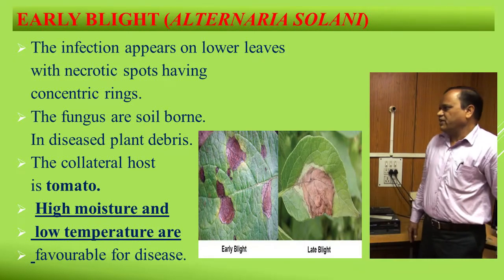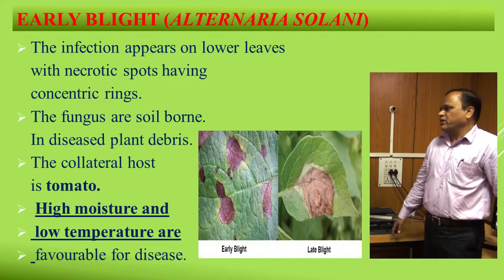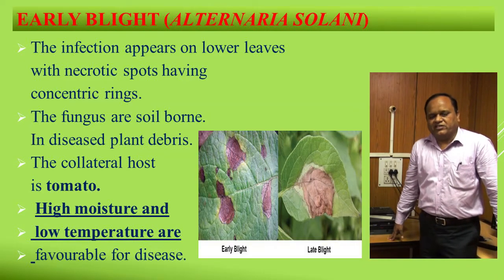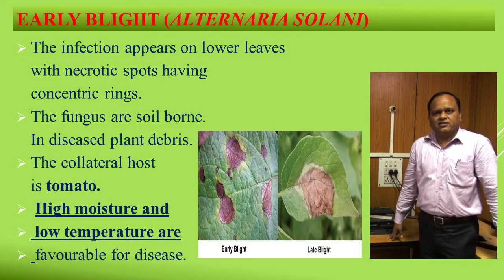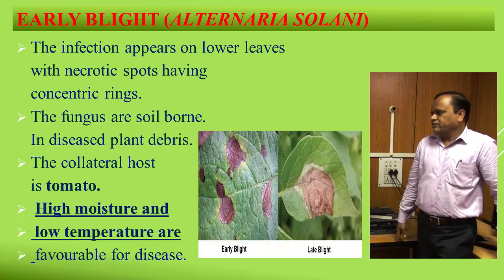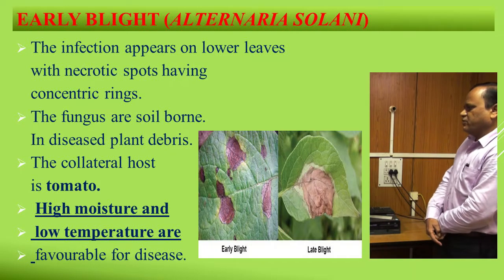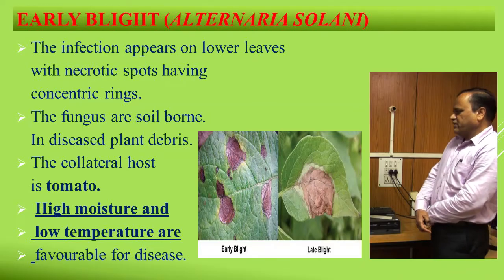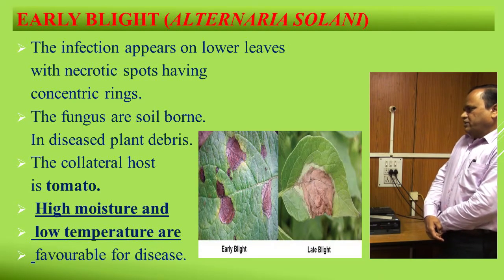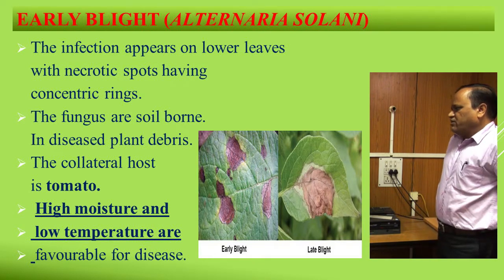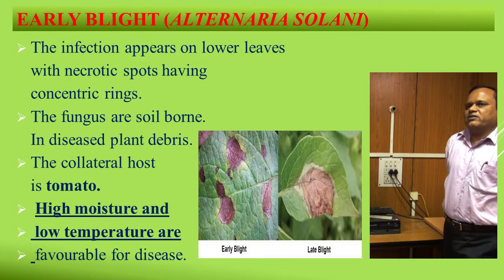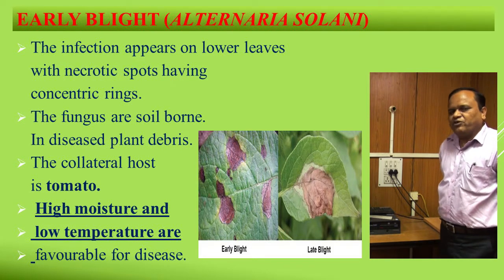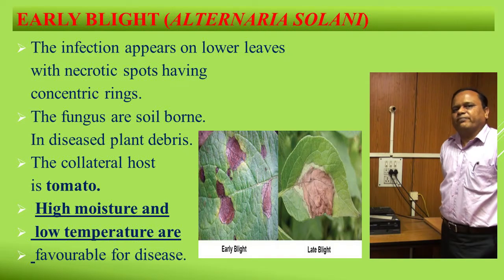It is caused by Alternaria solani. The infection appears on lower leaves with necrotic spots having concentric rings. The fungus is generally soil borne, and the fungus spores are found in the debris of the plant.